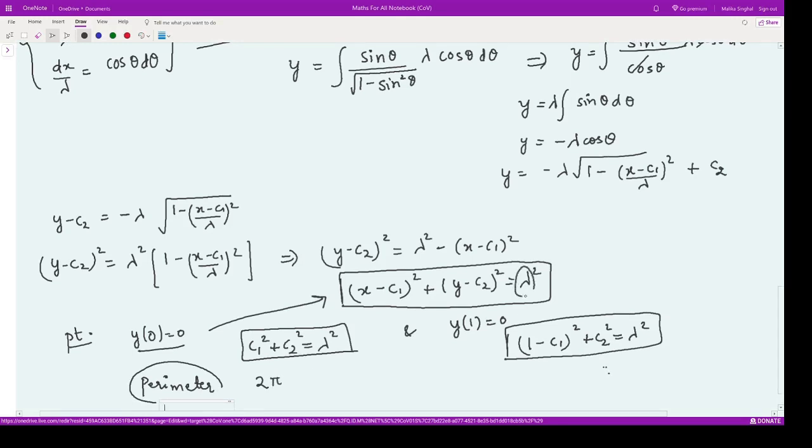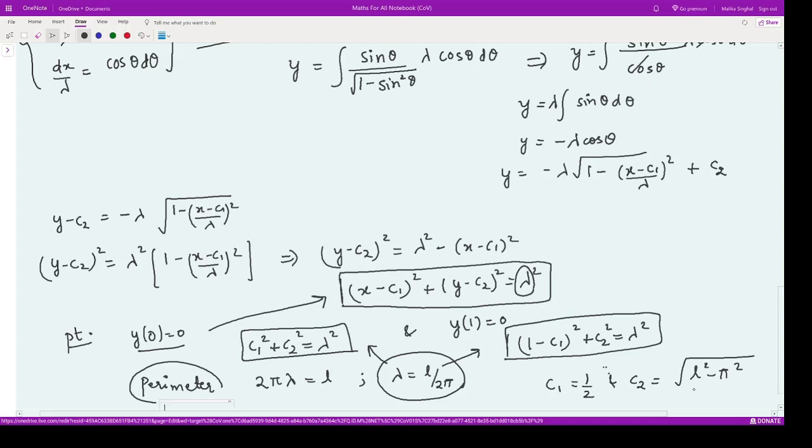From here you can say that the radius is lambda. 2 pi lambda is equal to L. So from here you get lambda is equal to L by 2 pi. When you plug into these two equations, you obtain c1 is equal to 1 by 2 and c2 is equal to square root of L square minus pi square divided by 2 pi.